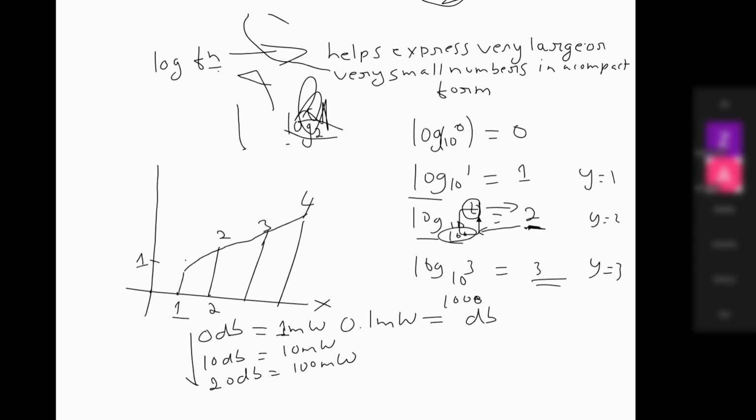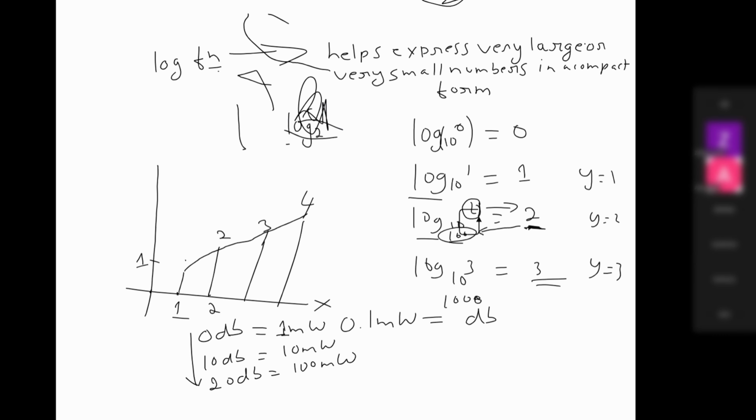But for now, you need to understand that in the previous slide, we understood that if we change the x value, the y value is changing exponentially, and then we brought in one thing, that is a logarithmic function. What is a logarithmic function? It helps to express very large or very small numbers in a compact form. So how does it do that?